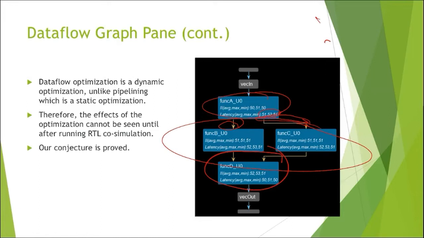Actually, the II is more important. The average is 50, but here is 51, 51, and here is 52. So you can see the consumer needs more time to finish all the process. When the consumer is still processing, the producer has done all the process, so it causes a stall, because the consumer hasn't finished yet, but the producer is done.